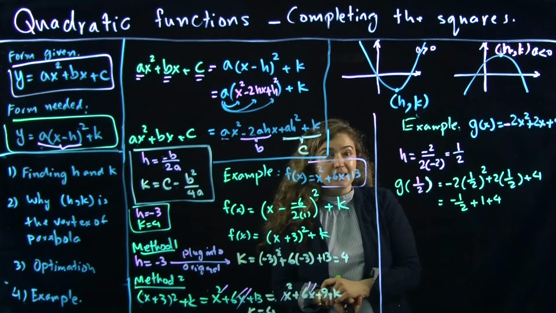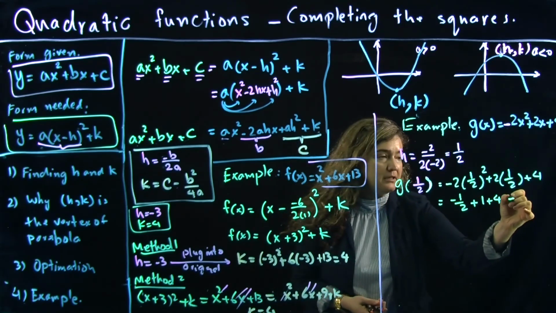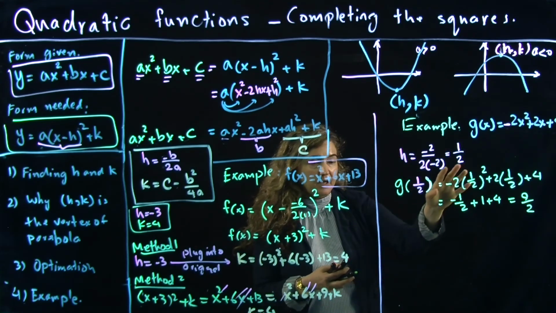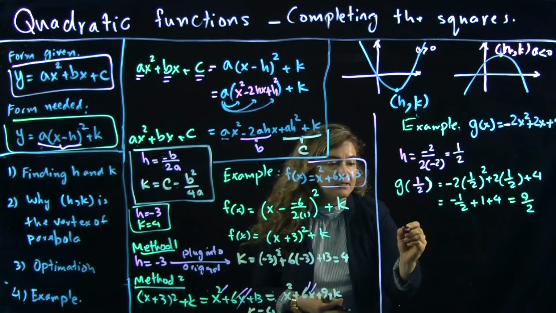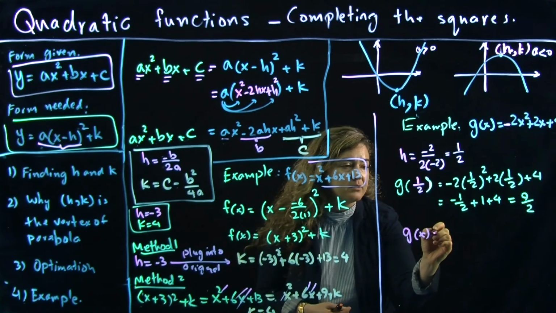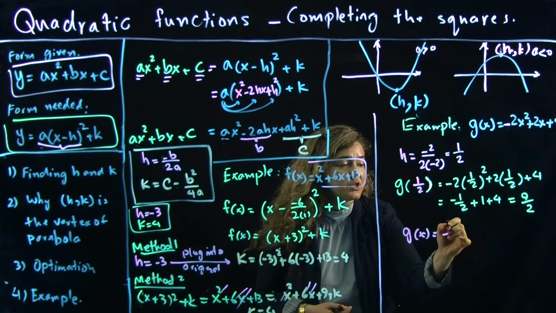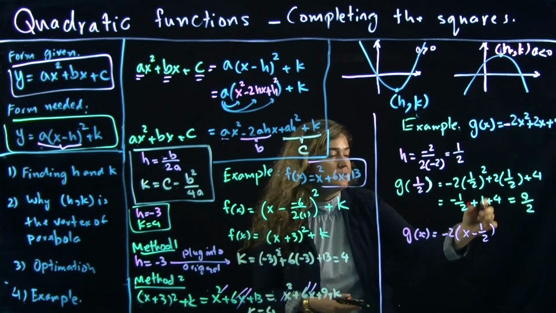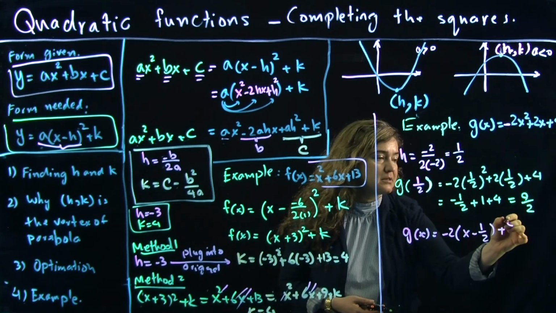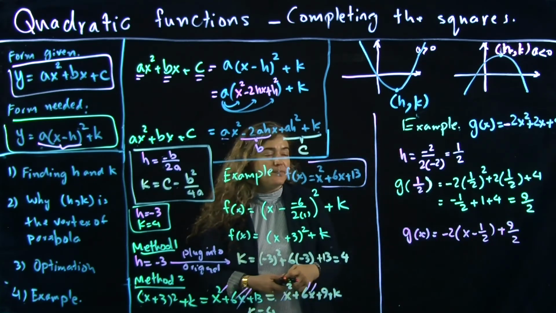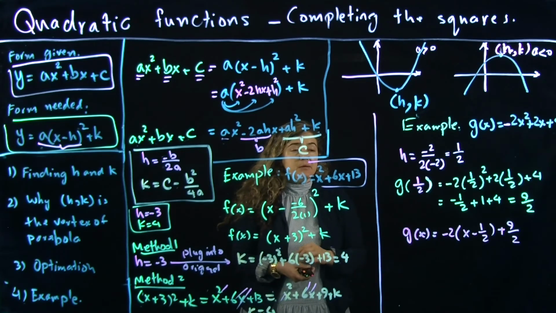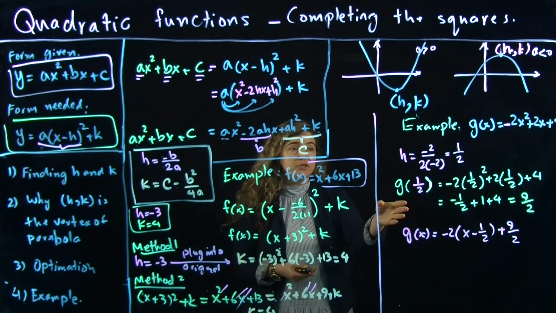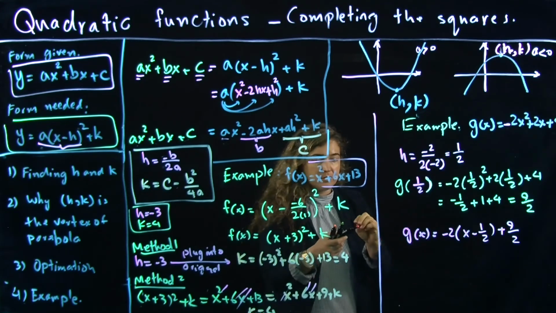It's 5 plus negative 1/2. That is 9/2. So to complete the square, I have to write, this is the completing the square type, a, which is negative 2, (x minus 1/2) squared, and then plus 9/2.